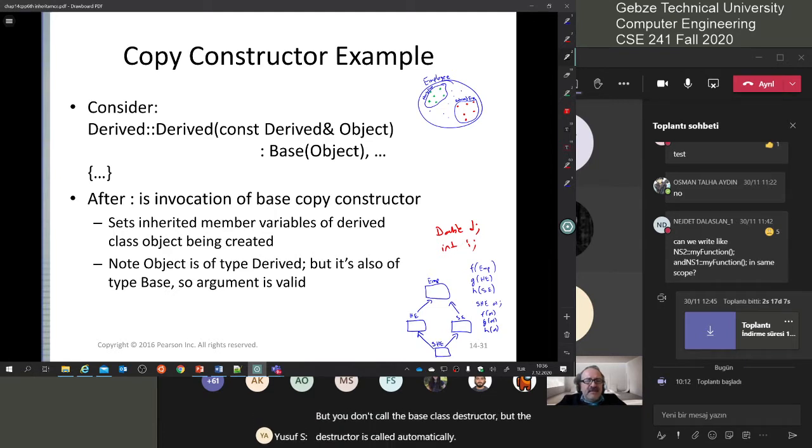The designers of C++ didn't let us do this. We don't and we can't actually call the base class's destructor in our derived class destructor. But in a copy constructor or any type of constructor, they tell us that you should call the base class's constructor. Why is this so?